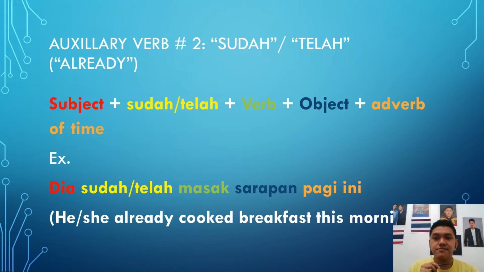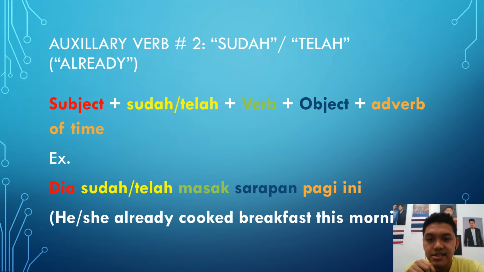Next one is sudah or telah, which means already. In this case, the action of the verb has already happened or is done. Subject plus sudah or telah plus verb plus object, and there is an adverb of time which is optional, or you can use whatever you want.